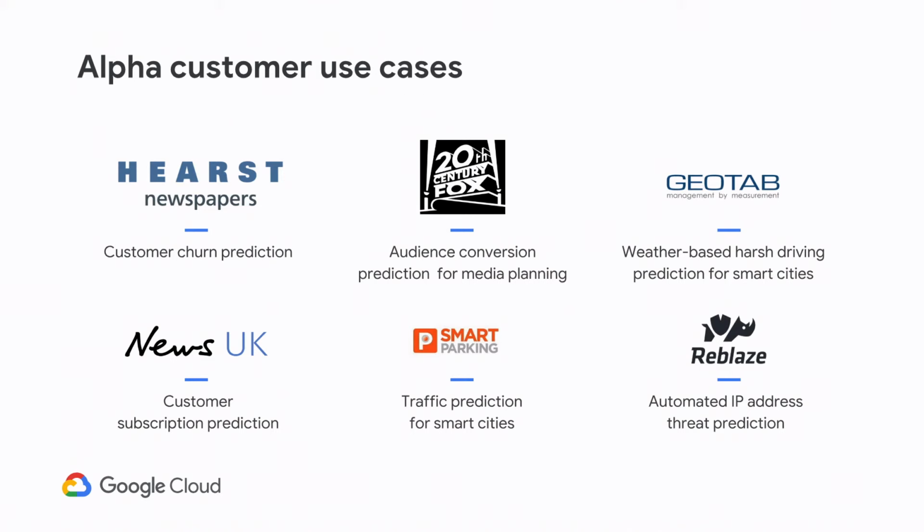20th Century Fox actually introduced a product in our keynote demo. They make a lot of business decisions on top of their recommendation system, which is a pretty state-of-the-art TensorFlow recommendation system. The business decisions are things like, which audiences should be marketed to?